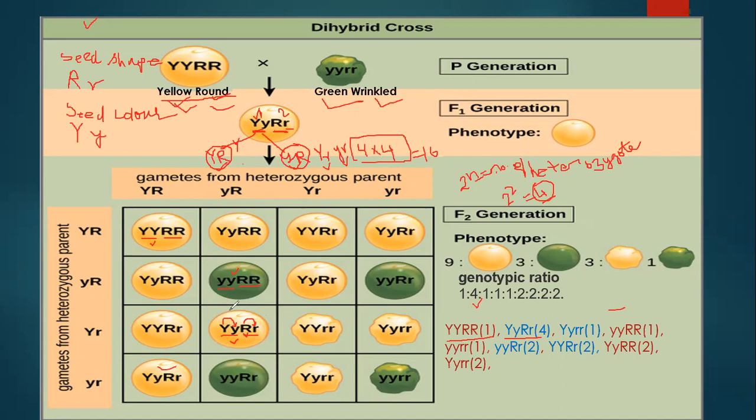Okay, so this is what is obtained after dihybrid cross. After doing a dihybrid cross, that means after considering two traits at a time, what he saw was that the dominant traits were expressed in the F1 generation, and in the F2 generation, after self-pollination, the dominant traits and the recessive traits were expressed in the ratio of 9:3:3:1. And from this observation, he derived one more law, which is called the law of independent assortment.